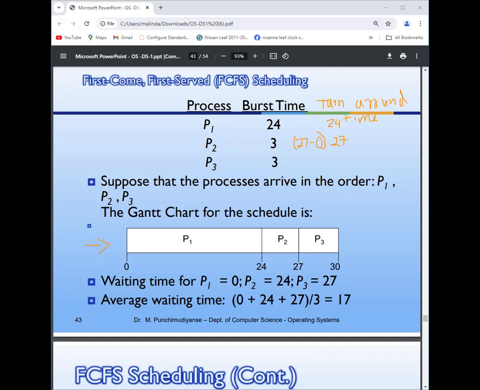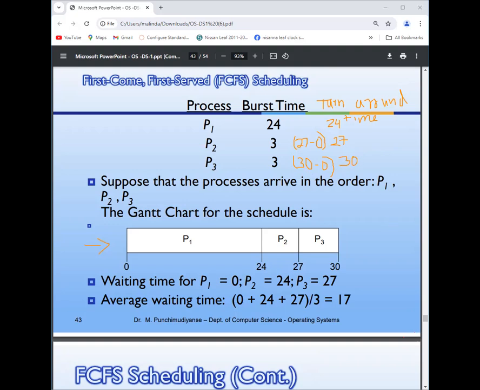And for P3, it came at 0 and finished at 30. So the turnaround time for P3 is 30.